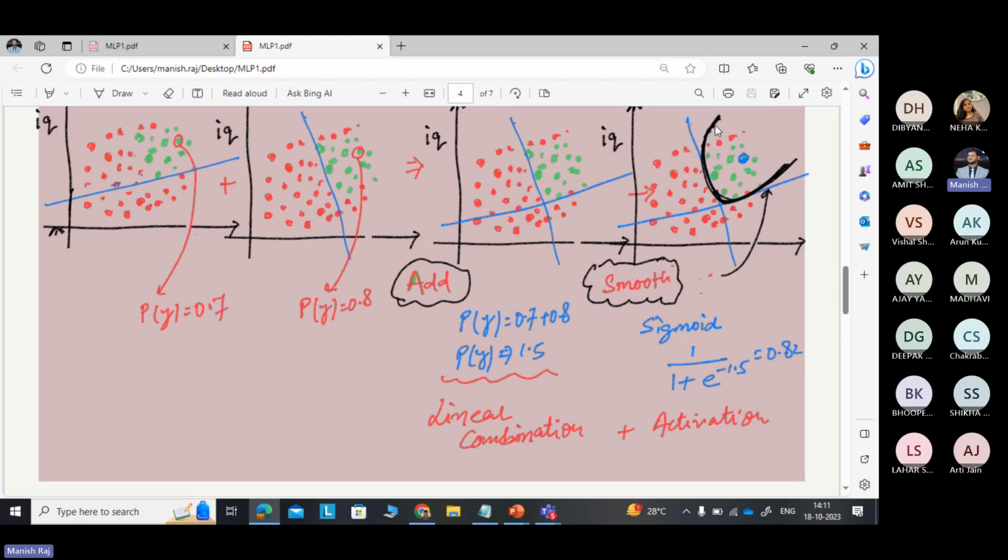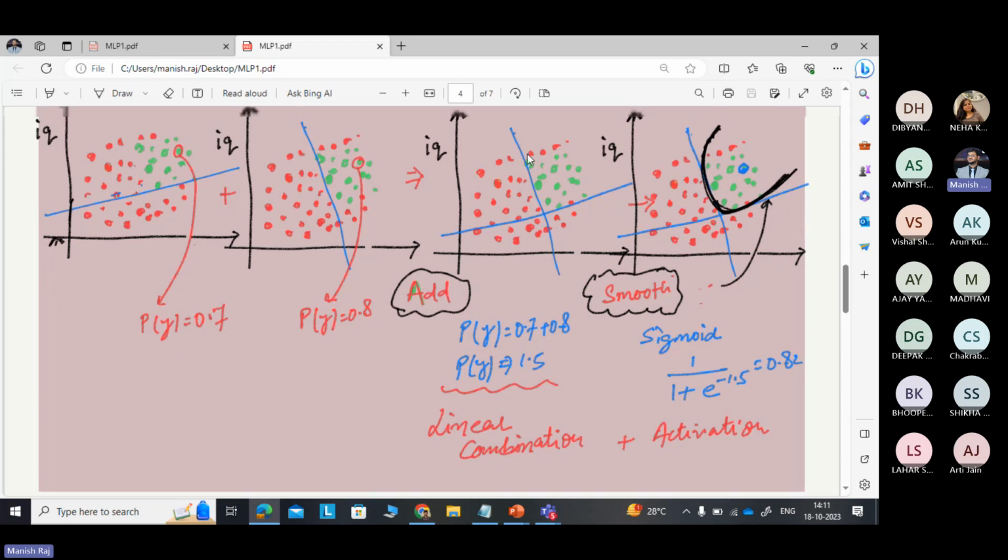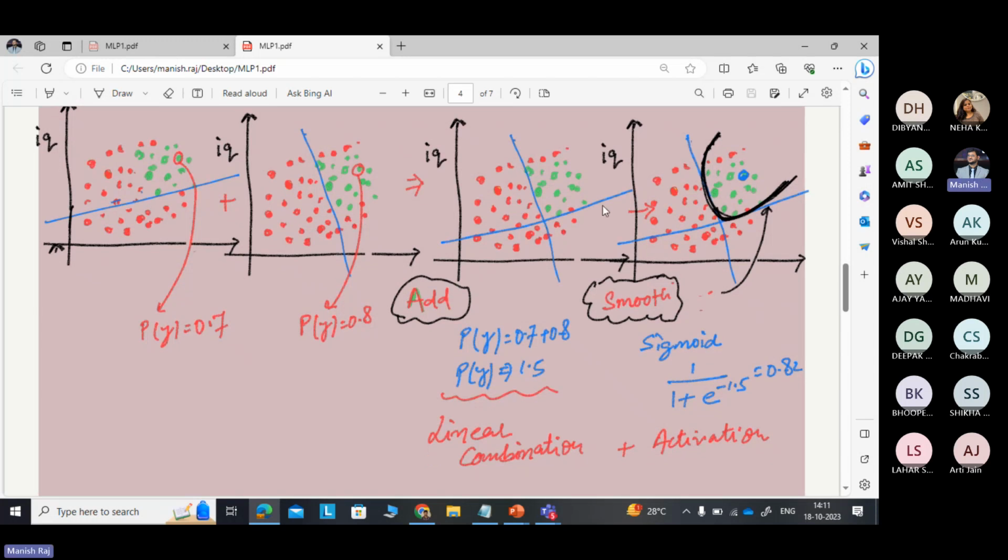That is the smoothing. After adding, you get this type of thing, but this function is smoothing this part. So for the smoothing, you put this output into the sigmoid function. So two things you are doing: you are adding and you are smoothing.